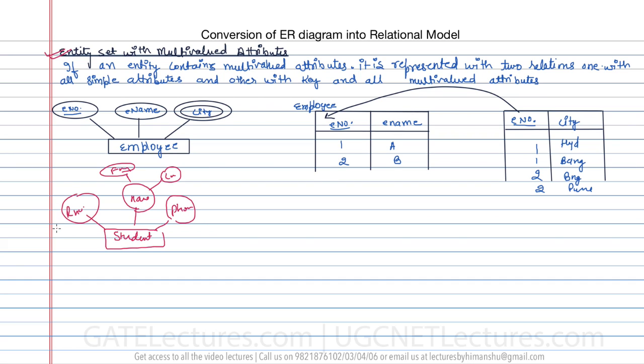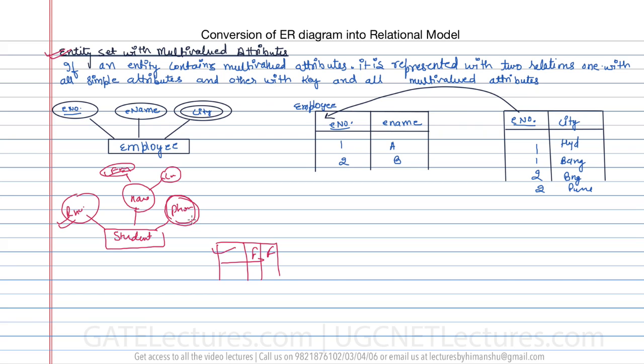Now this roll number should be included in the relation because it will become the primary key. The first name should be included, the last name should be included, but we do not include the phone number. Why? Because phone number is a multi-valued attribute. Multi-valued means a student can have more than one phone number.